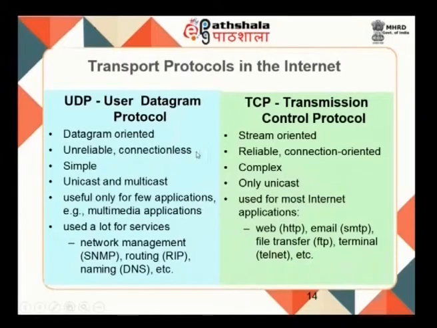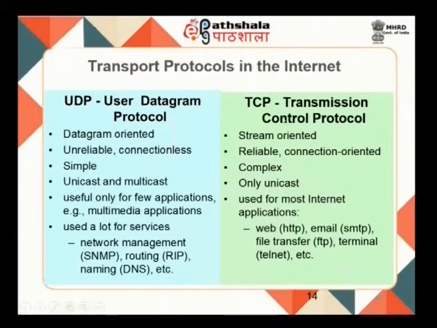Remember that the basic transport functionality that is expected is the multiplexing and demultiplexing operation. So, let us do a quick comparison of the UDP and the TCP protocol. We will look at details of these later, but just a quick comparison of their characteristics. The UDP protocol is a datagram oriented protocol, that is, each packet consists of a message.